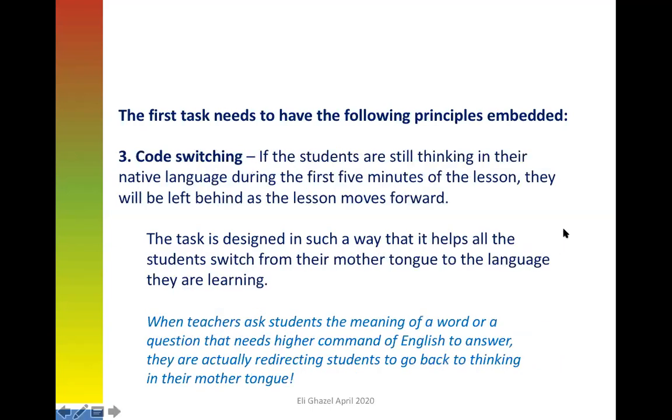The next one, and this is one of the most important ones, the principle is code switching. So if the students had been speaking in their native language before they came into the lesson, whether they're at home or in a classroom, they will be left behind because in code switching, the research has shown that adults who speak a foreign language take about 15 minutes for their minds to completely shift from the native language to the target language.